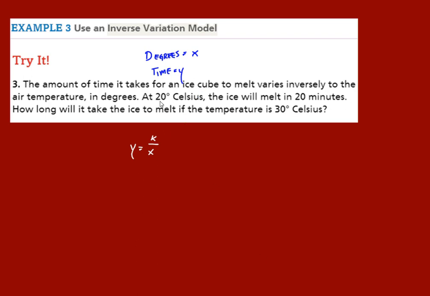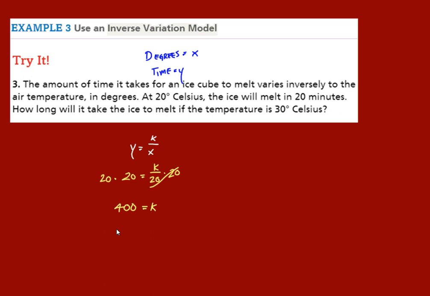So at 20 degrees Celsius, the ice melts in 20 minutes. So when y is 20, x is also 20. And we're trying to solve for k. So you multiply both sides by 20. The 20's cancel. You get 400 equals k.